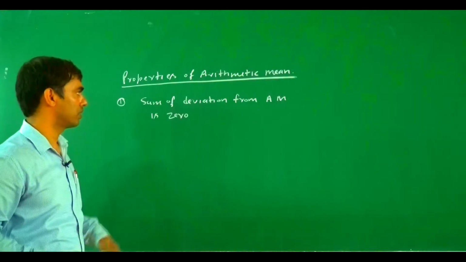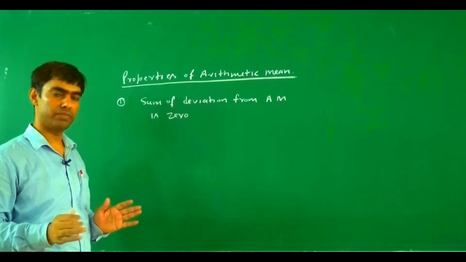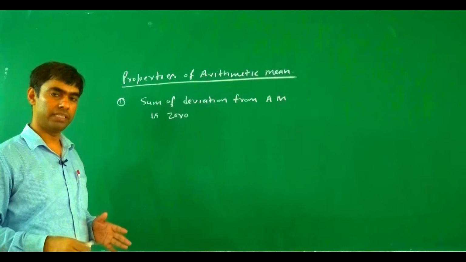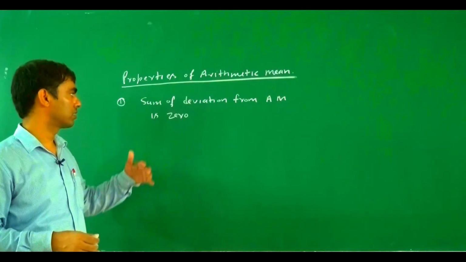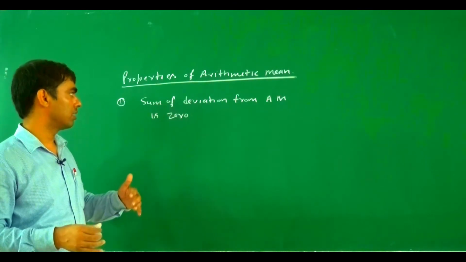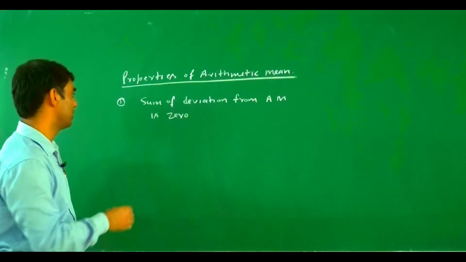What is the meaning of this? If we find the arithmetic mean and find the deviations from the data, then what is the sum of these deviations? The sum of these deviations equals 0. How do we prove this?